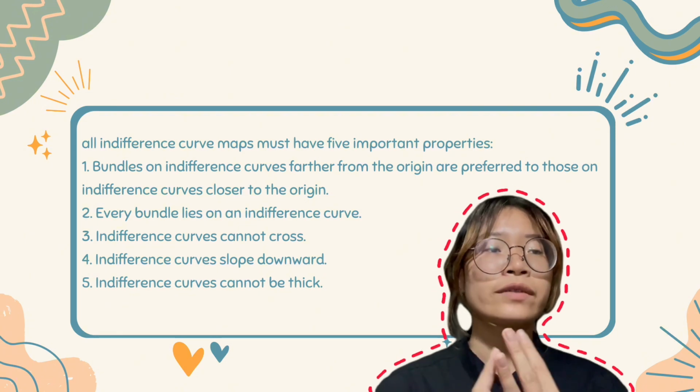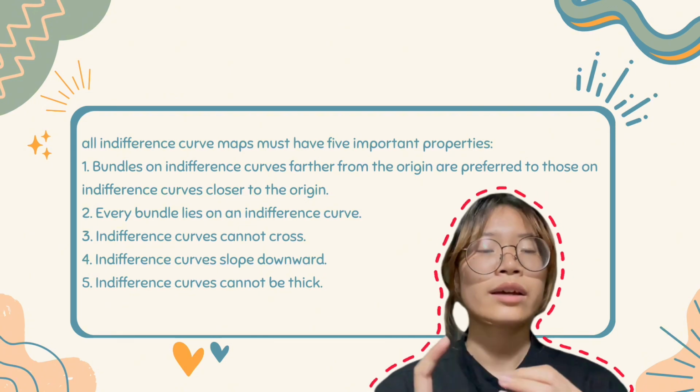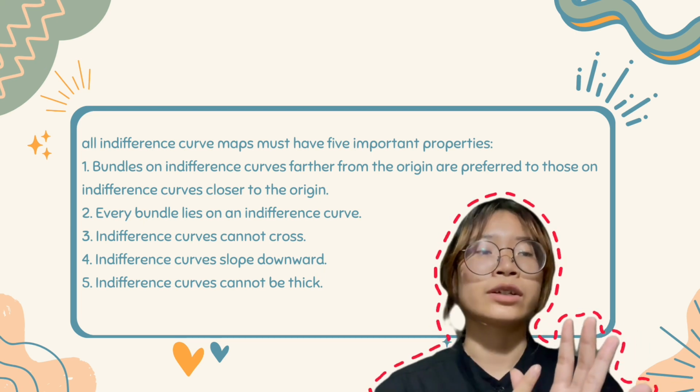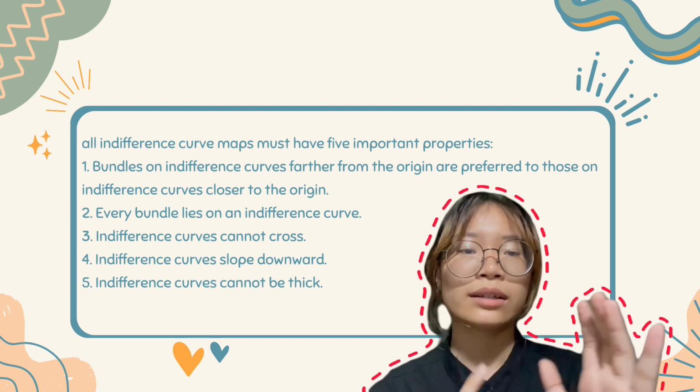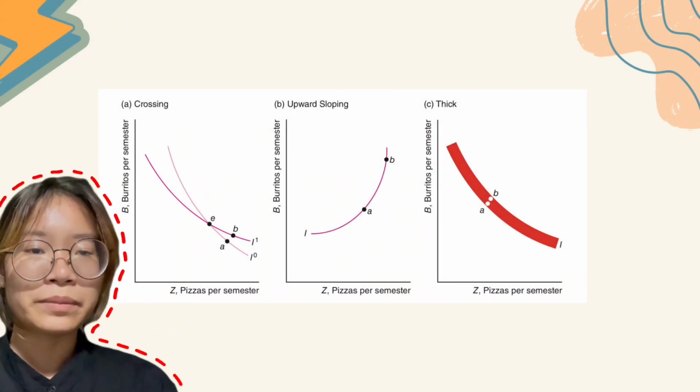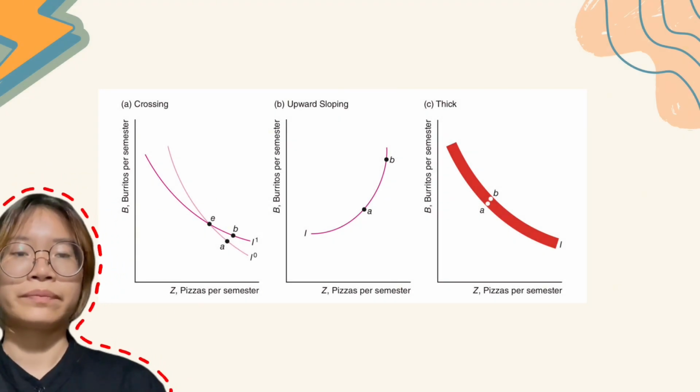Fourth, indifference curves slope downward. Fifth, indifference curves cannot be thick. So let me use this picture to explain more.